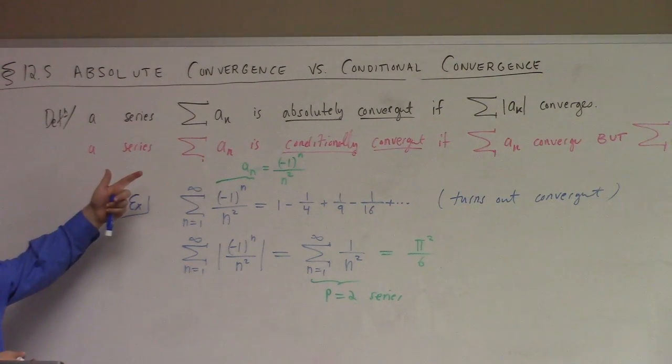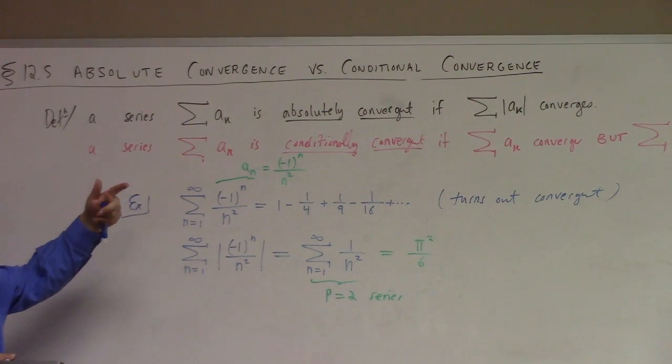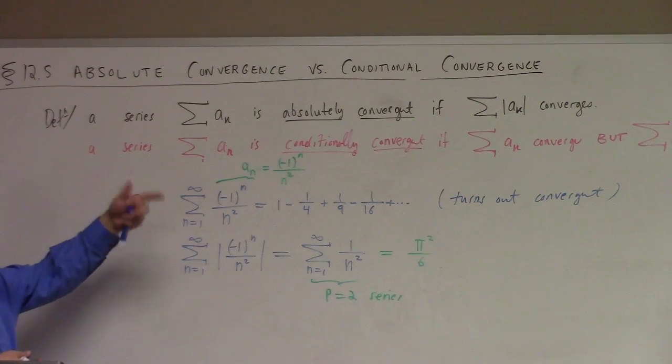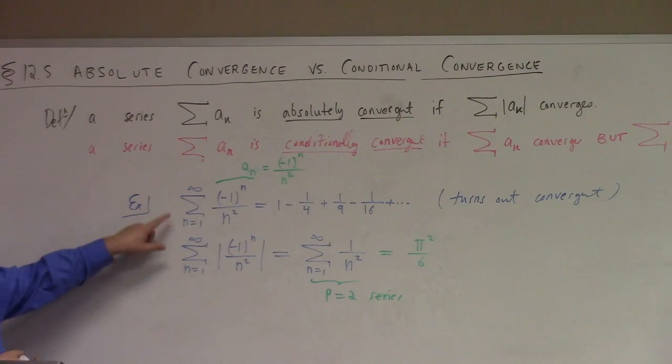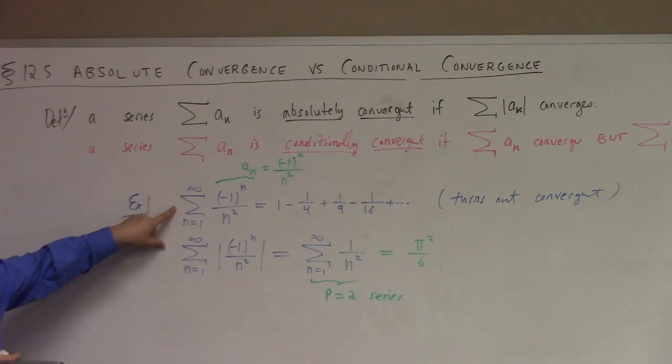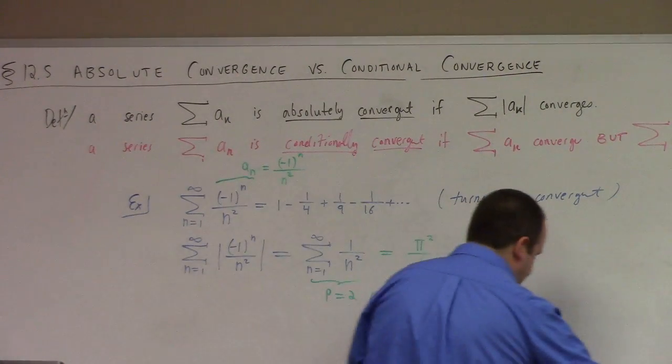Absolute convergence only requires that the series formed by the absolute values of the terms converges. So the second fact here is all that's required logically to prove that this series is absolutely convergent. We will soon learn that absolute convergence implies convergence. Here, let me prove that for you. Theorem.